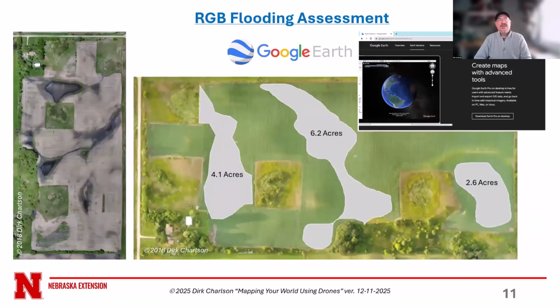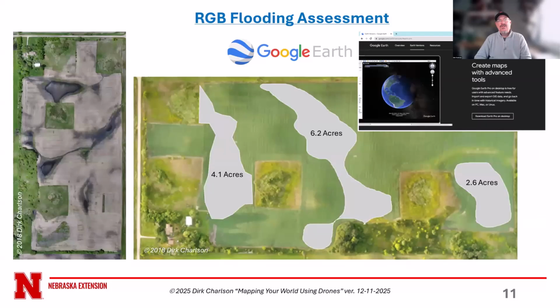Another way that you can use this imagery is to measure surfaces. This is the same field, and the picture on the right shows flooding, several amounts of flooding. And of course, the question might be how many acres of that field was affected.